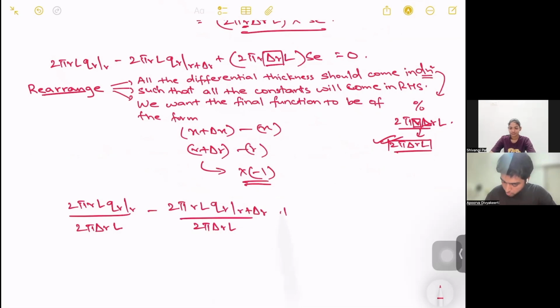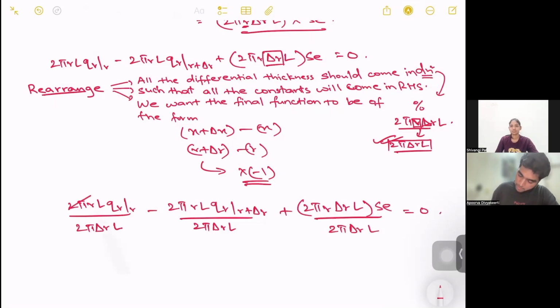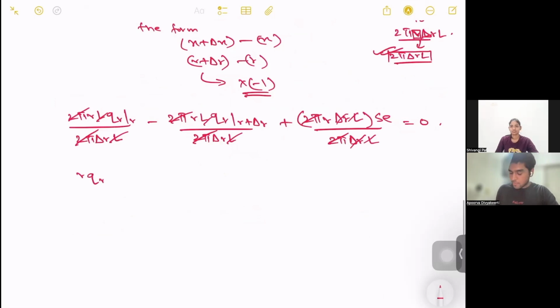Now 2 pi cancels, L cancels, delta R cancels. So we are left with R q_r at R minus R q_r at R plus delta R plus R S_E equals 0.